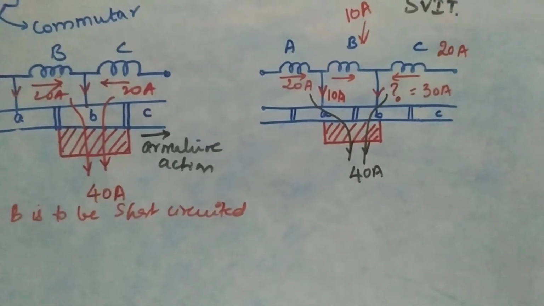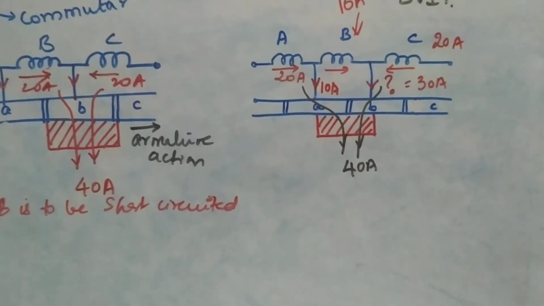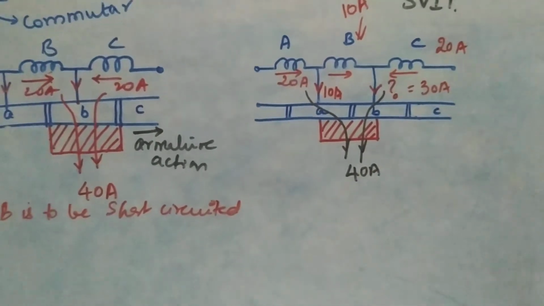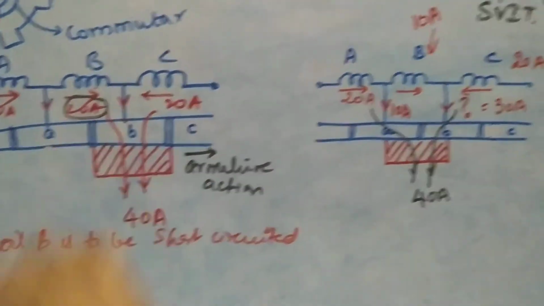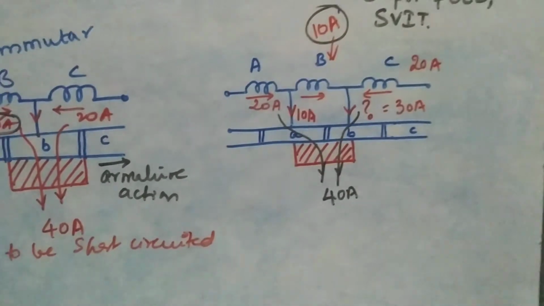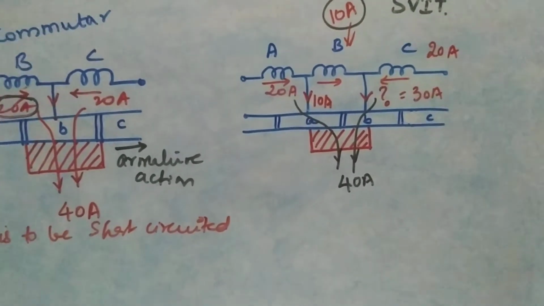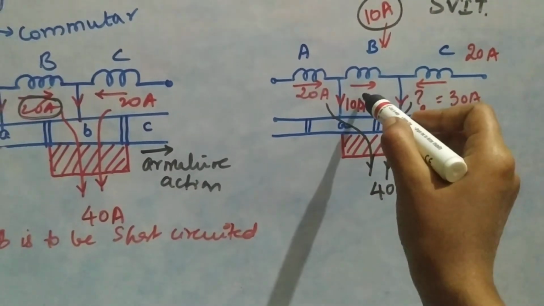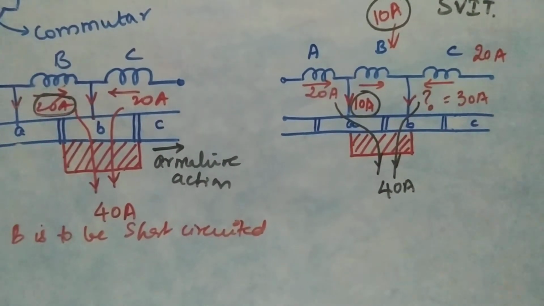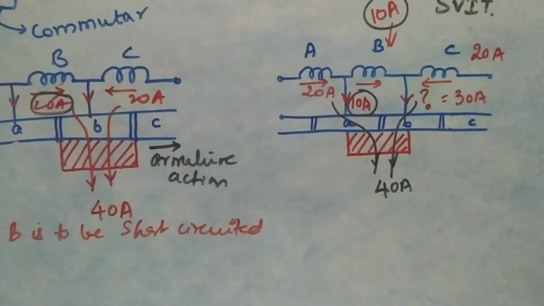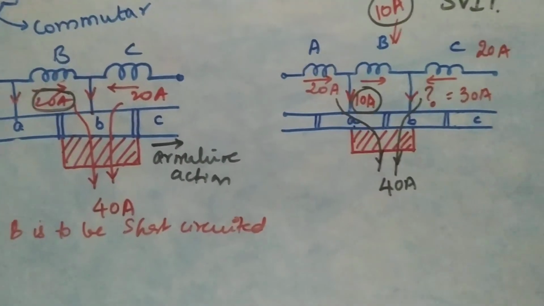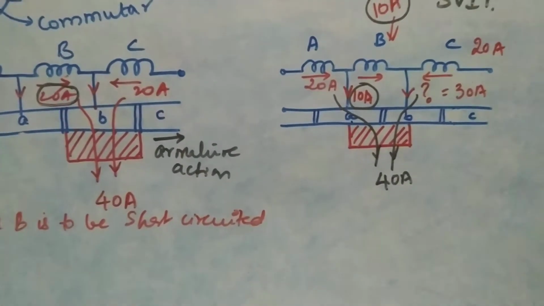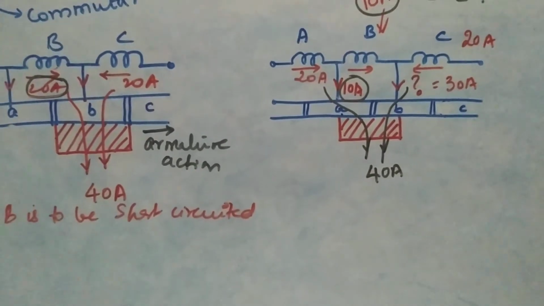Whenever coil B is entering the short circuit period, the current in coil B has reduced from 20 amperes to 10 amperes, as the other 10 amperes will flow via segment A. This is segment A. So the total current entering the brush is the same, that is 40 amperes.